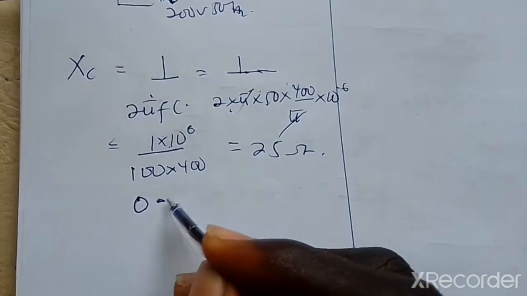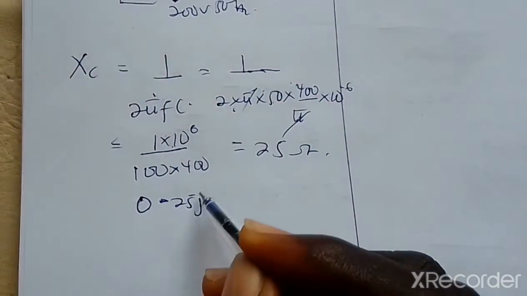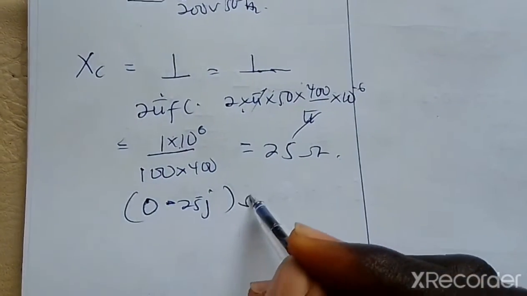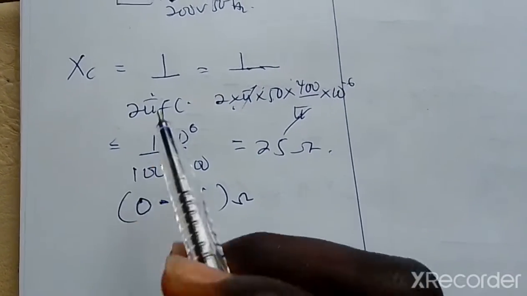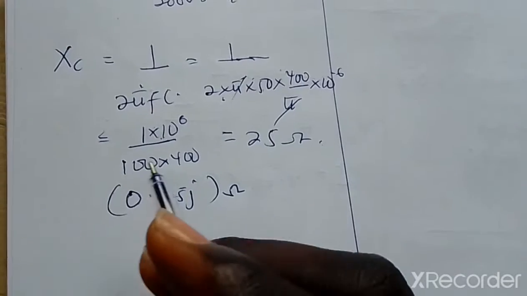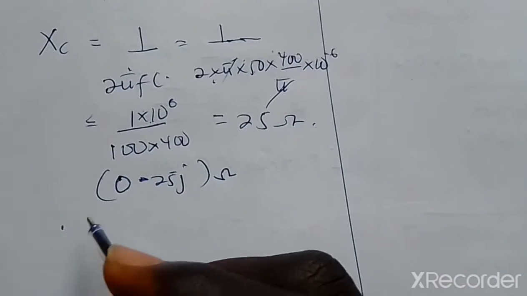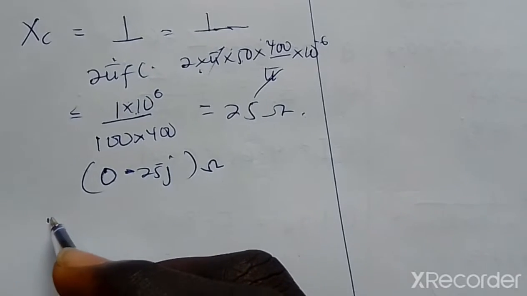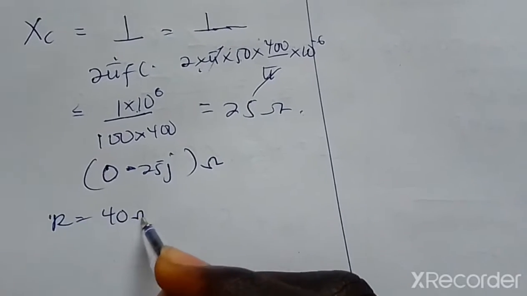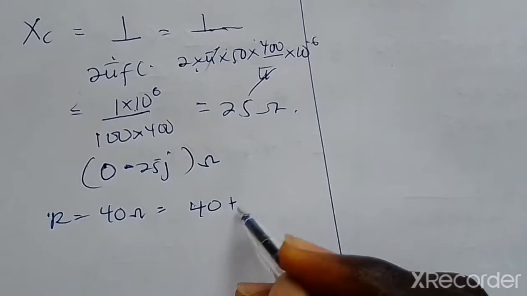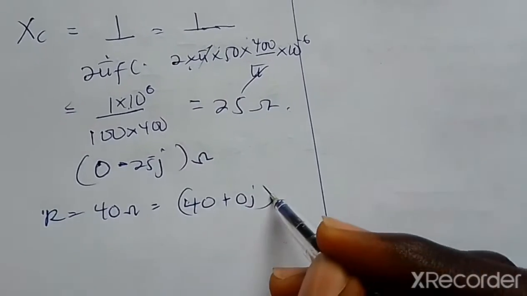So we have 0 minus 25j ohms as the impedance for the capacitance part. Then for the resistor, we know that it takes the real part, so our R, which is equal to 40 ohms, is equal to 40 plus 0j ohms.